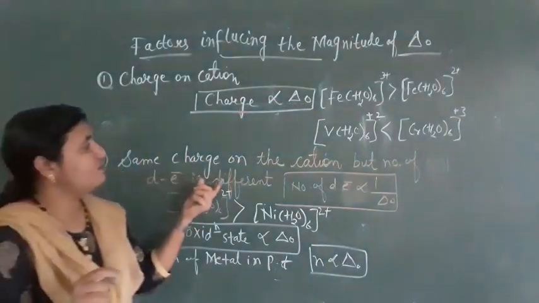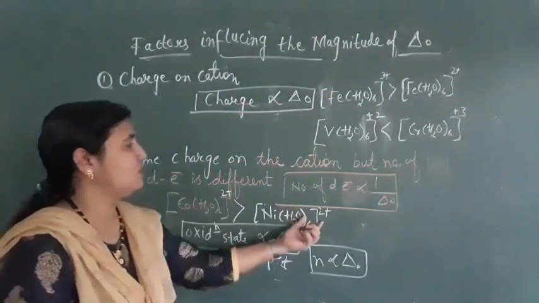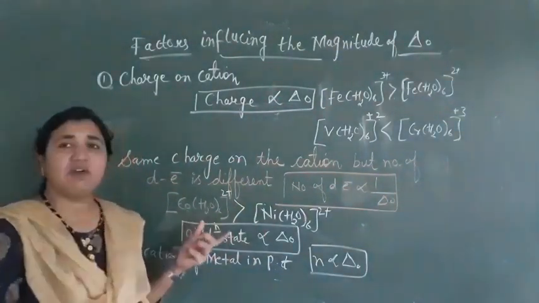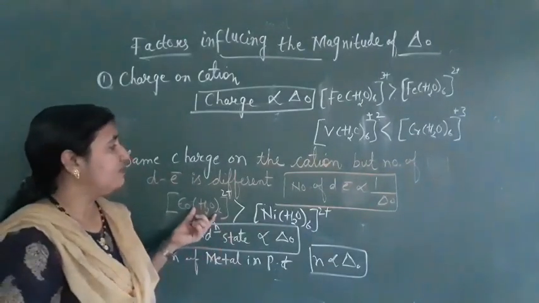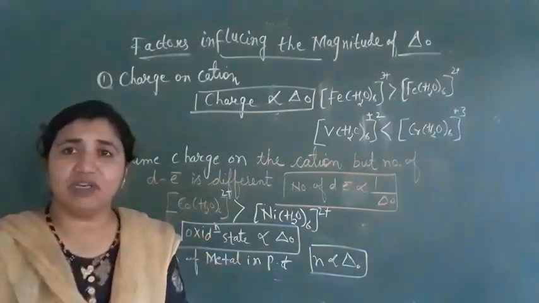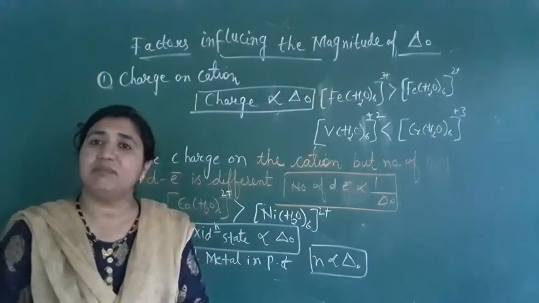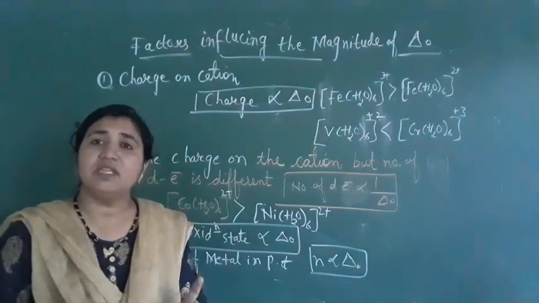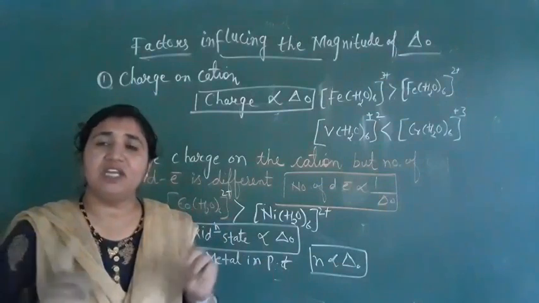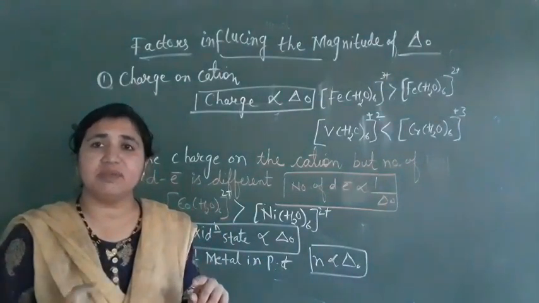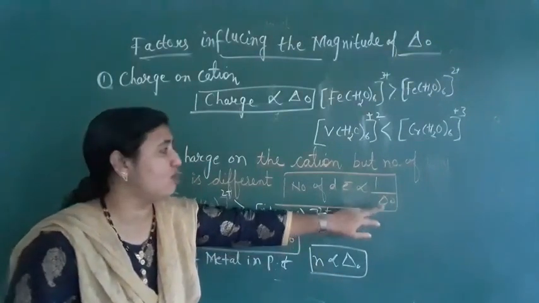The second one is, if the same charge is on the cation, suppose we have plus 2 charge in both, then how do we find whose splitting energy is more? We have to see the number of d electrons. If the number of d electrons is more, then the splitting energy will be less; delta O is inversely proportional.